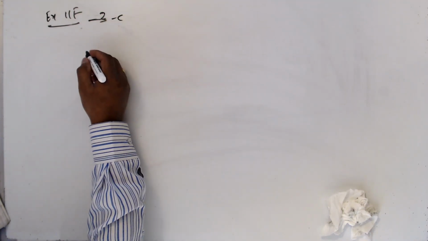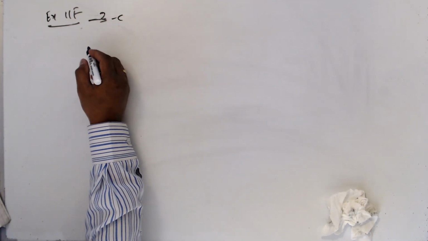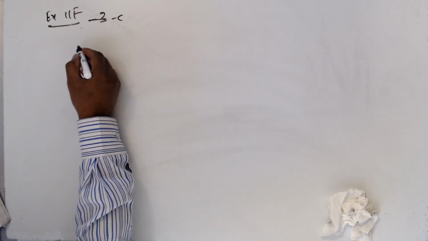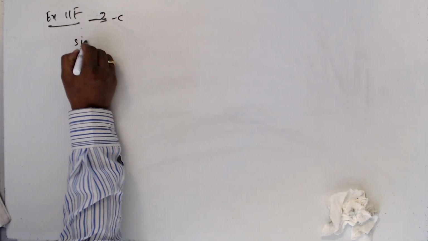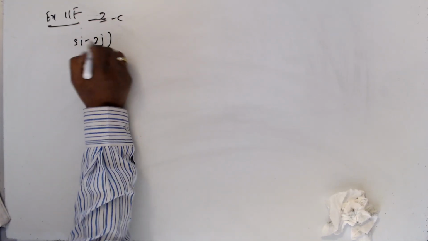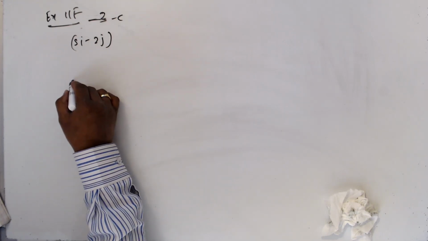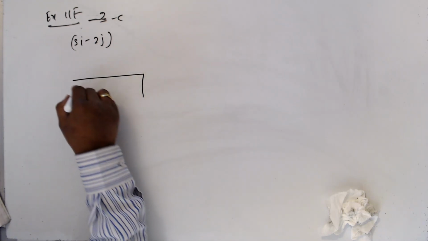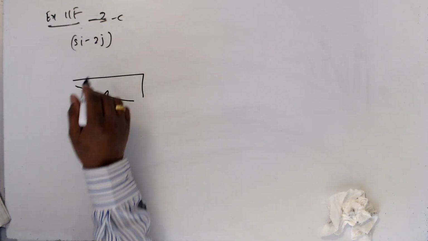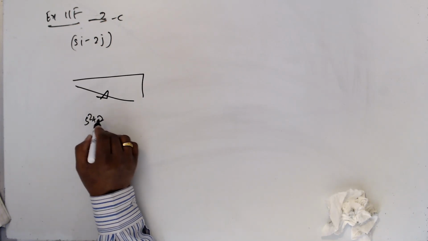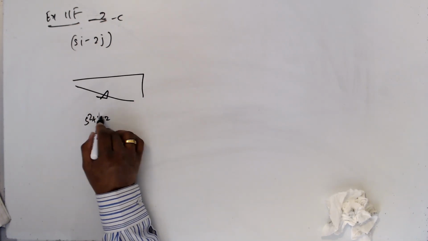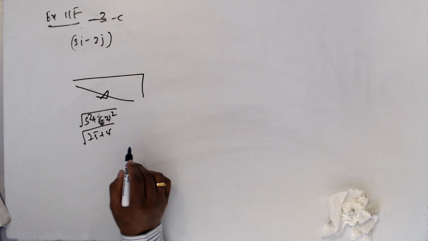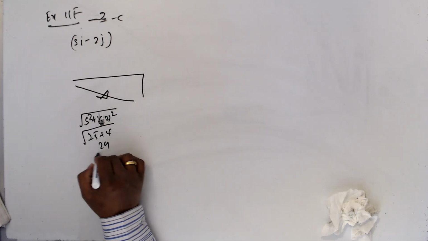Next, i minus 2j, 5 and 2 down. So this is the direction. What is the speed for this direction? Square root of 5 square plus minus 2 square, 25 plus 4, that is 29 again.